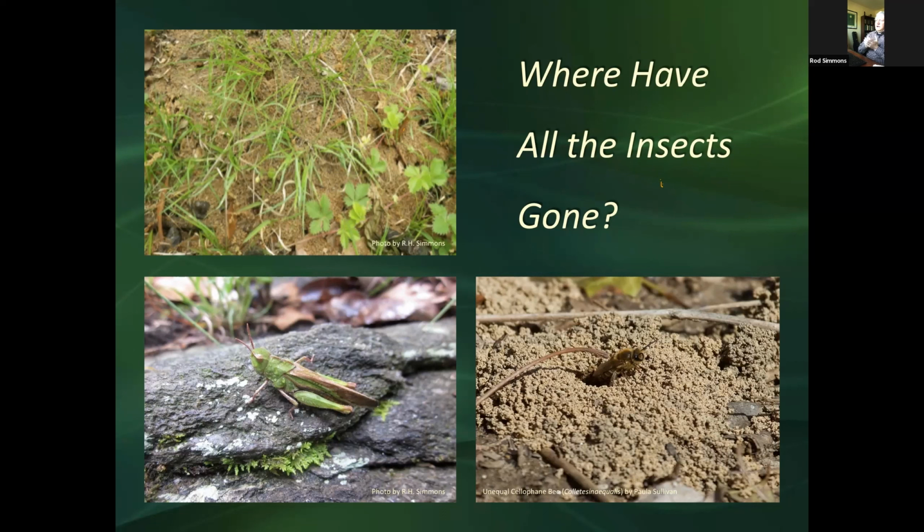Basically, we all know about the insect apocalypse. We've lost enormous amounts of insect biomass, because of the unhealthy conditions we've created in the urban and suburban landscape.